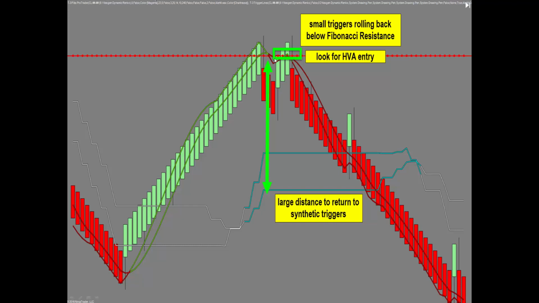As they're rolling down, you're looking for the high volume area entry for your short trade at resistance with a large gap to get back to your synthetic triggers. See how we're starting to put together three of the pieces: trigger lines, high volume areas for entries after the trigger lines roll, and the large gap back to our synthetic triggers.